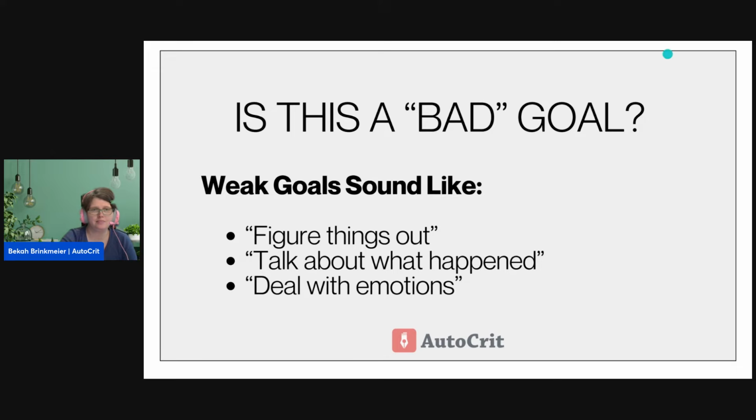So that brings me to the question that people often have of, okay, well, is this a bad goal? And I hate using the word bad, but I will say that it could be weak. Weak goals are often similar to process goals, right? That sounds like figuring things out or talking about what happened or dealing with emotions.